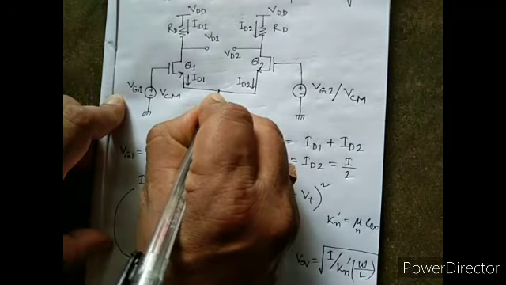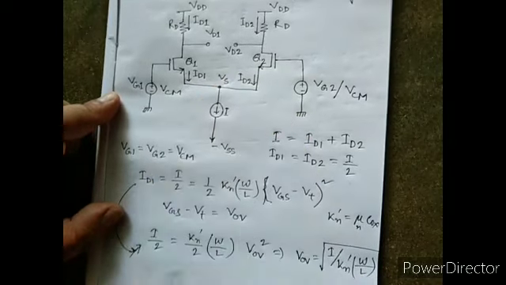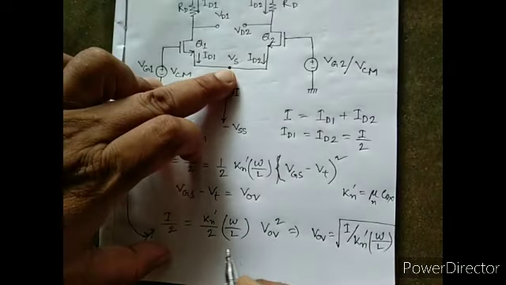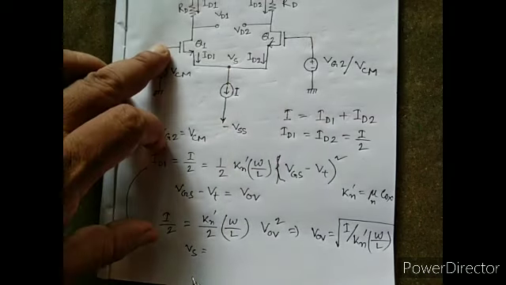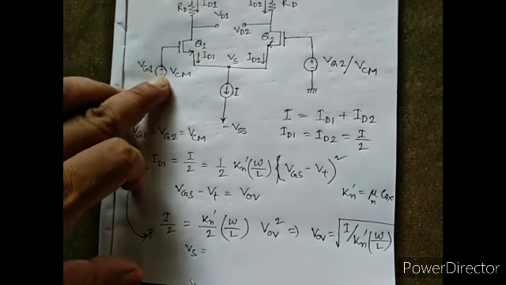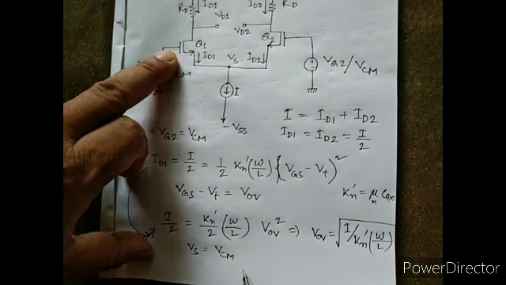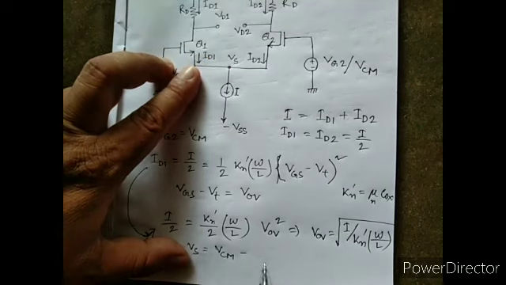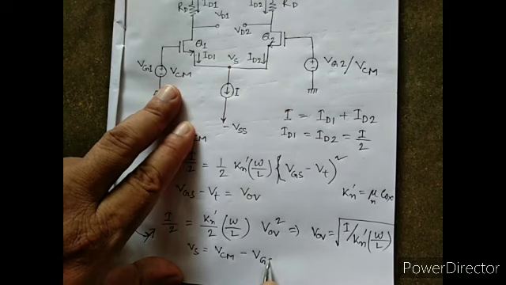Now if we want to find out the source voltage Vs at that point, then we can write Vs equals the potential applied, VCM at the gate terminal, minus the potential difference between gate and source, VGS.